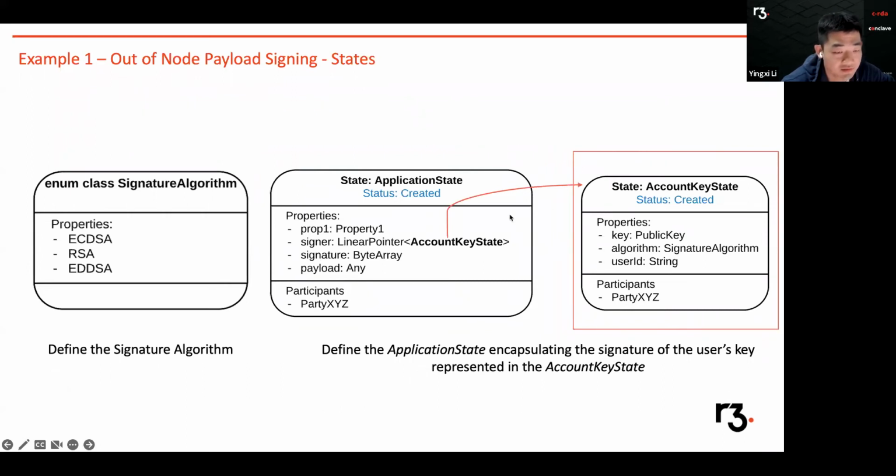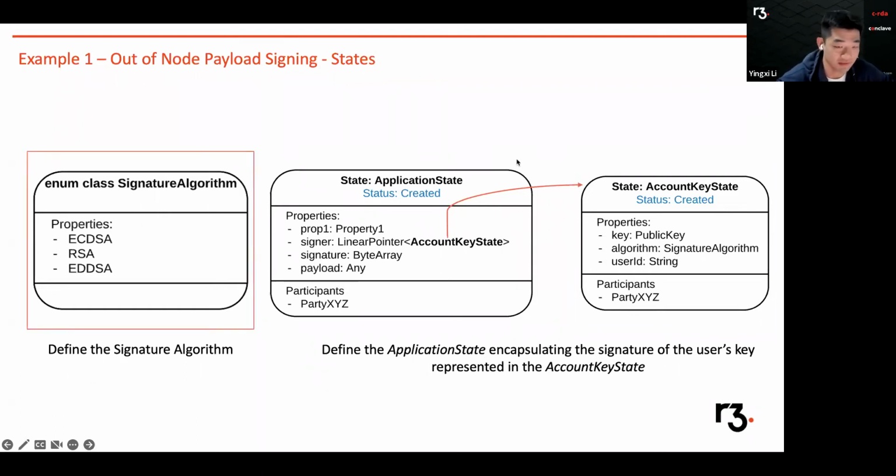Inside of the account key state, it has very simple things: the user ID and the key. That's actually the public key of the one you stored on your external device, your phone or something. And you will have a signature algorithm on the left that can take in that private key and cross-check it with your private key.